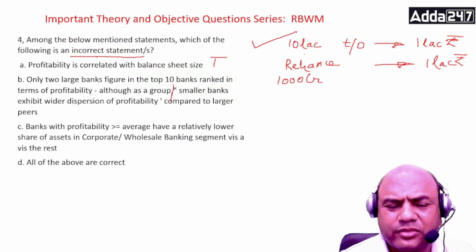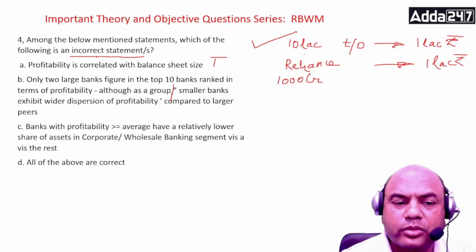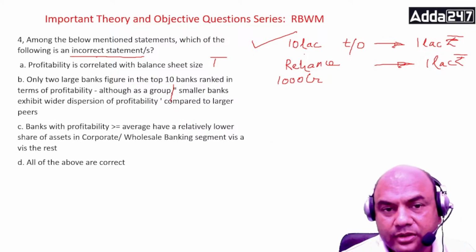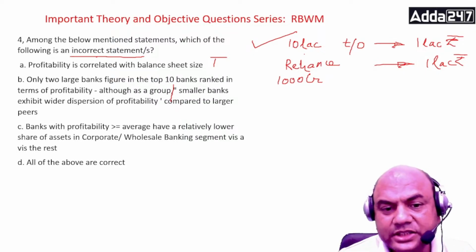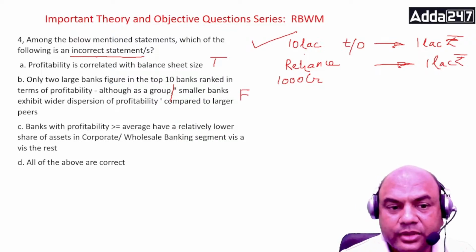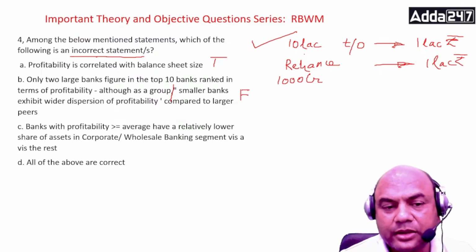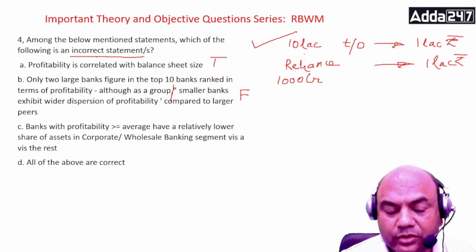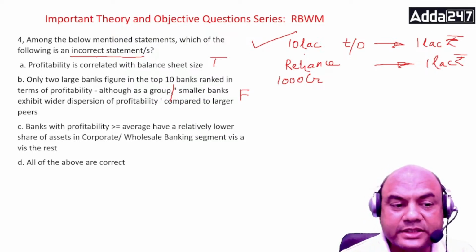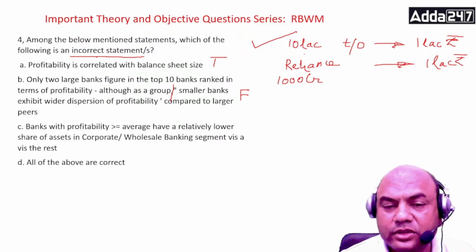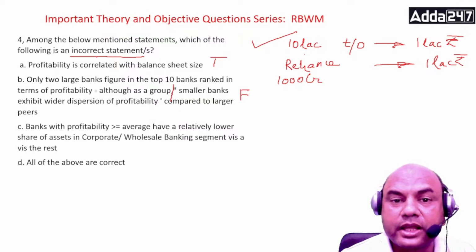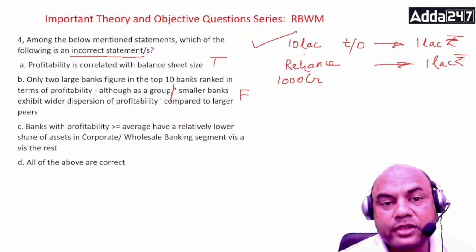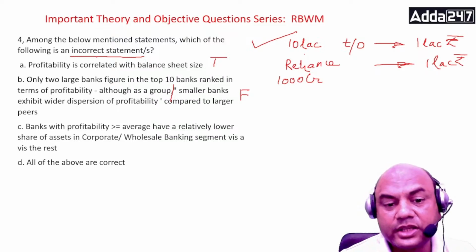It's not a valid statement as such. Today there are two large banks. Is it a universal truth? Do you know the exact figure? So this sentence is false because you don't have the data over here. If you want to consider any statement as true or false, you must have some data. Okay, smaller banks exhibit wider dispersion of profit. It's not that. Dispersion means spreading. Smaller banks will have lesser dispersion because they will be having lesser products. So this statement is false.